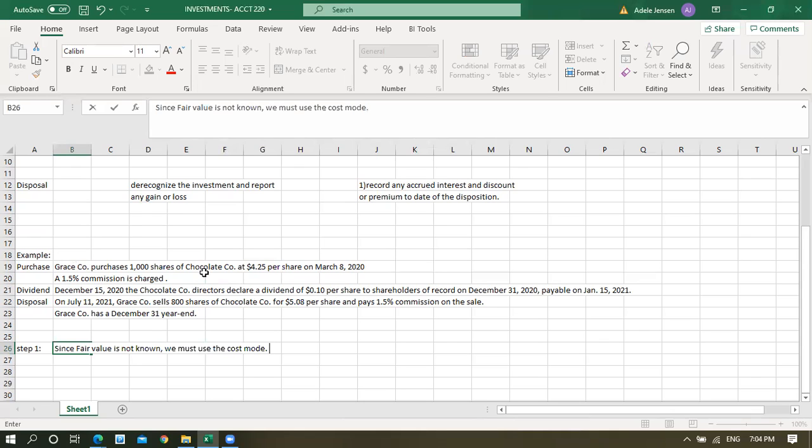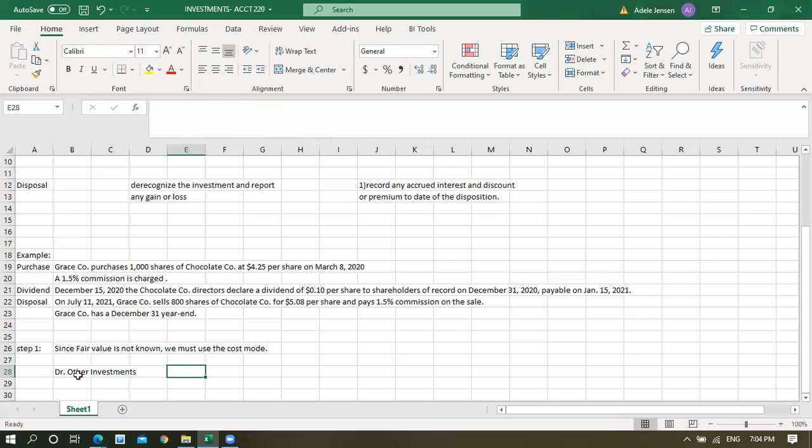Now, if the fair value was known, then we would want to calculate the fair value and compare it to our purchase price and determine if we were purchasing it at a discount or at a premium. So we'll look at that in the next example of the amortized cost. But since fair value is not known, we know that we use the cost model and we record it at the cost. Okay, so we can debit other investments since we are using this cost model.